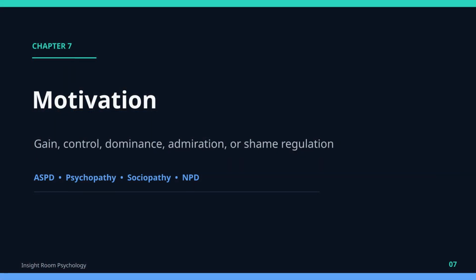Chapter 7, Motivation. Now, let's talk about motivation. With ASPD, motivation may include immediate gratification, power, money, control, stimulation, avoidance of responsibility, or disregard for consequences. For example, a person may deceive someone because it is easier than working, waiting, negotiating, or being accountable.